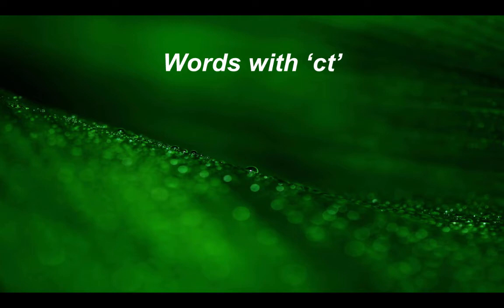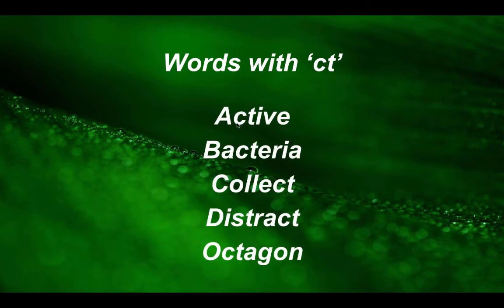All right, let's have a look. I hope you've got lots of words. I've come up with words like active, bacteria, collect, distract, and octagon. So you can see that CT, when we put the C and the T together as grapheme choices, we can have it as our second sound, active and octagon.